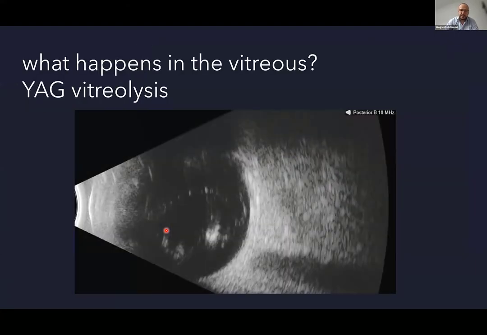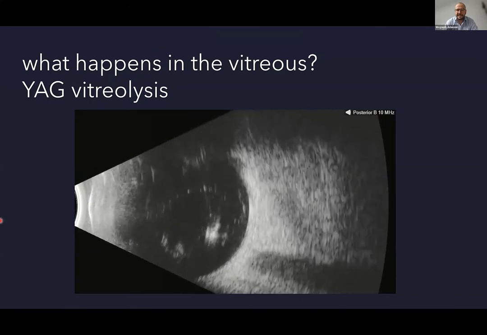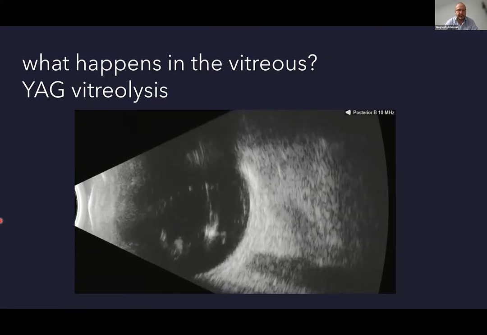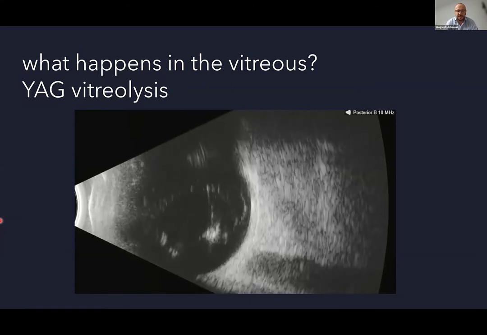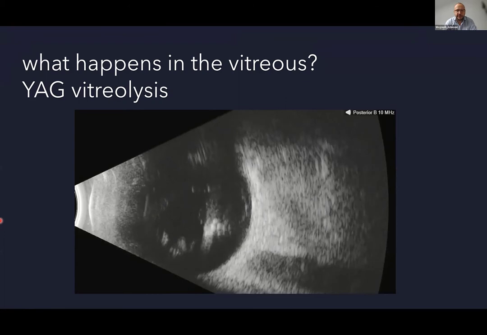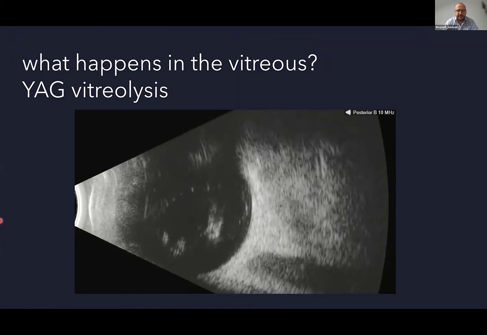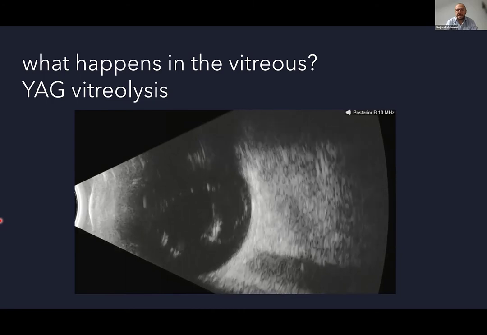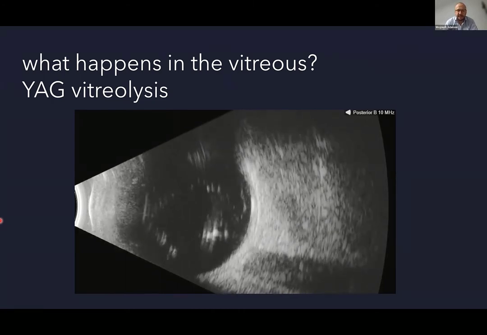And really, as a dessert, I'd like to show a project that I'm quite proud of, that I did with Andrew and Dr. Dmitriew, about what happens in the vitreous during YAG vitreolysis.